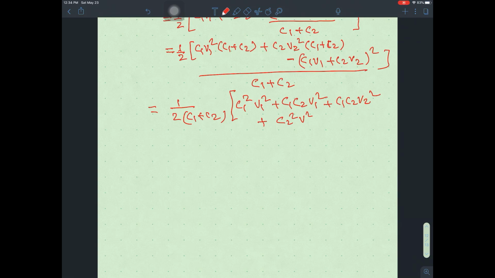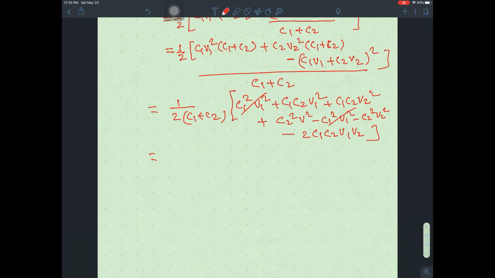Now we will have to expand (A plus B) whole square: minus C1 square V1 square minus C2 square V2 square minus 2 C1 C2 V1 V2. This is the expression that we are getting.